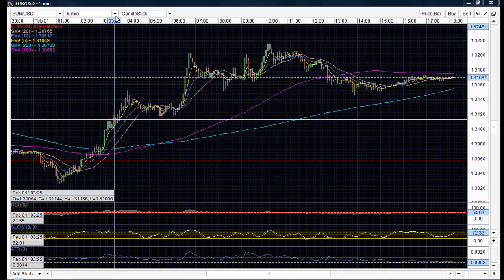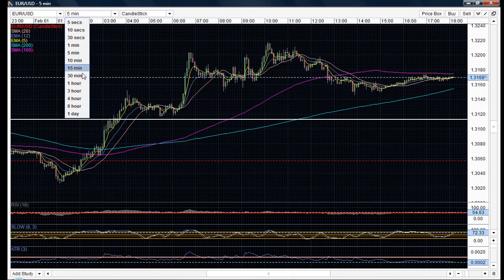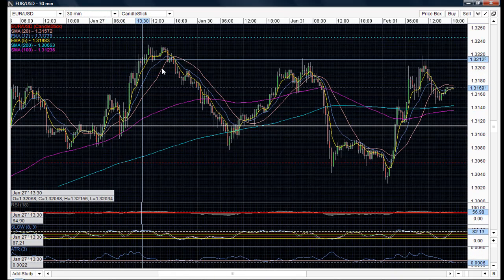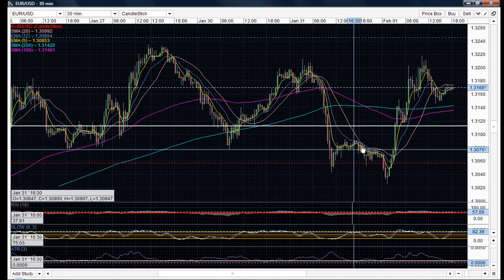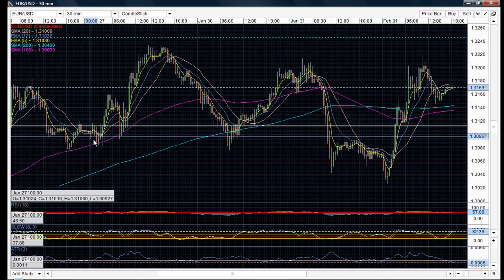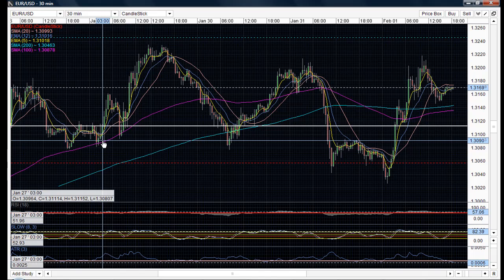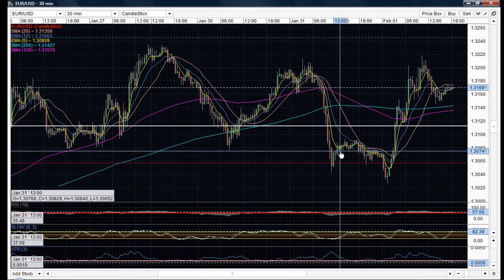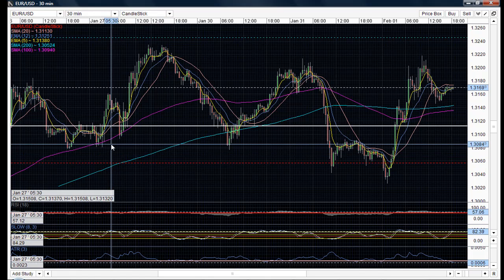But let me go to the 30-minute chart because I want to show you the price action for most of the week. And as you can see, we've been trading in this whipsaw behavior for most of the week. Since Monday, we've been going from risk on to risk off and vice versa every single day.